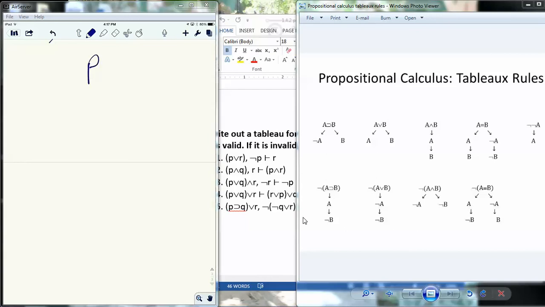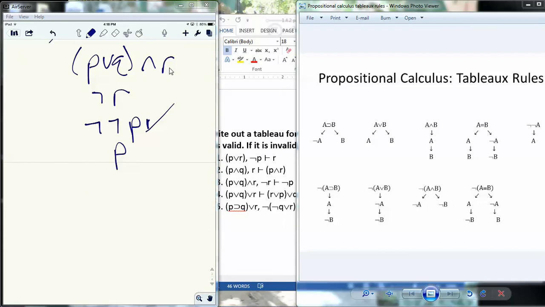Sorry. Let's see here. P or Q and R, not R, and then my conclusion is not P, so then I have to write not P, which leaves you with P. And I check right there. And then I'm going to apply the AND rule. So P or Q is one side, R is the other side.